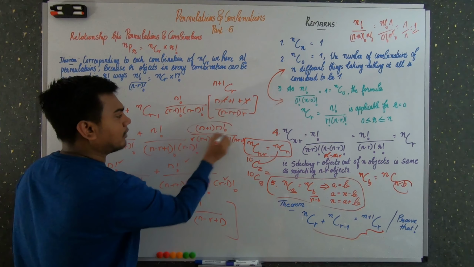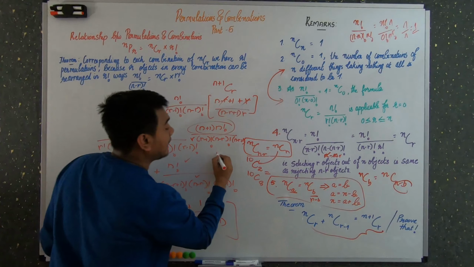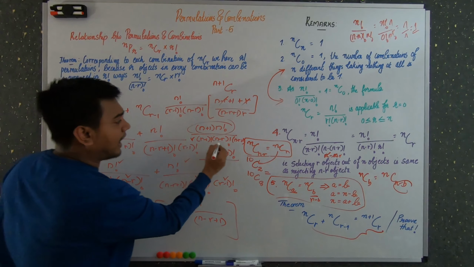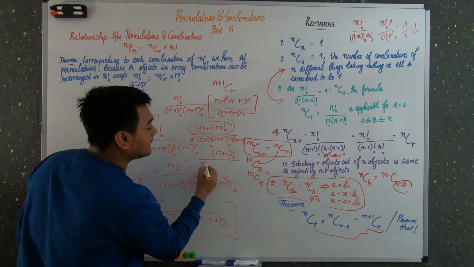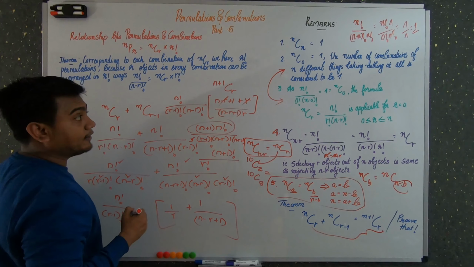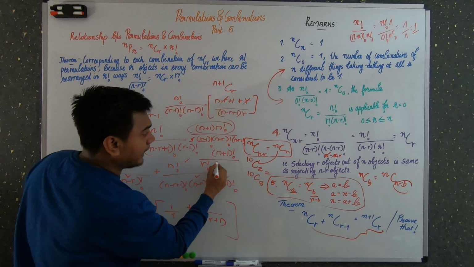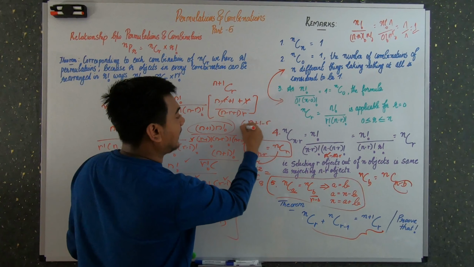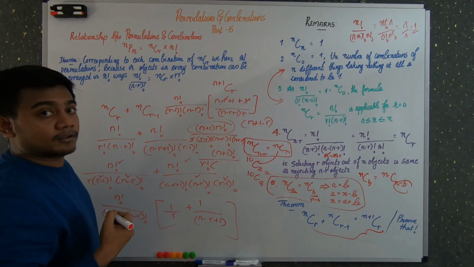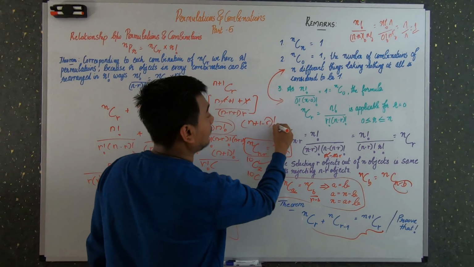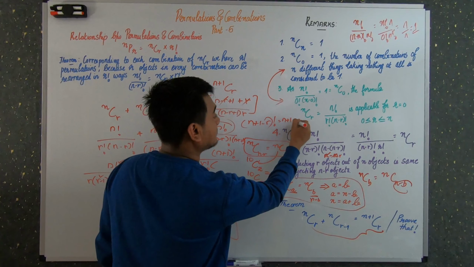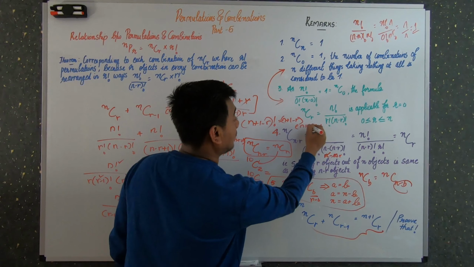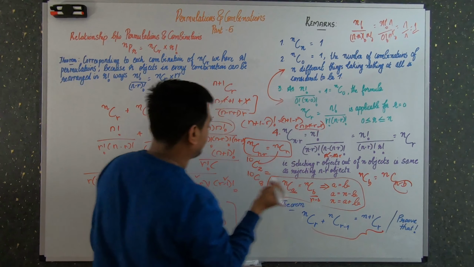So what is (n plus 1) into n factorial? You can write it as (n plus 1) factorial, right? Again, what is r into (r minus 1) factorial? That is r factorial itself. Again, (n minus r plus 1) you can also write as (n plus 1 minus r). The next term is (n plus 1 minus r) into (n plus 1 minus r minus 1), so the 1 and 1 get cancelled and it is (n minus r).